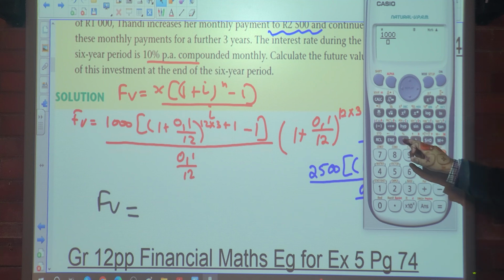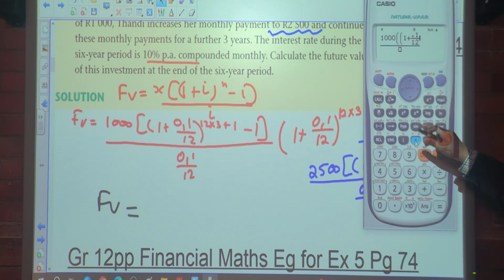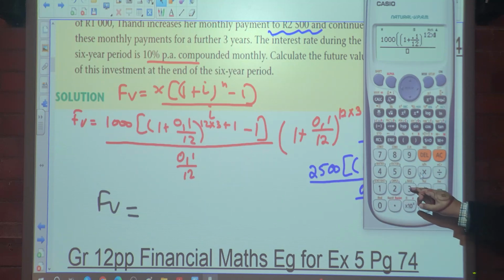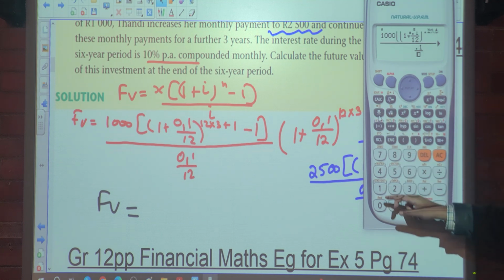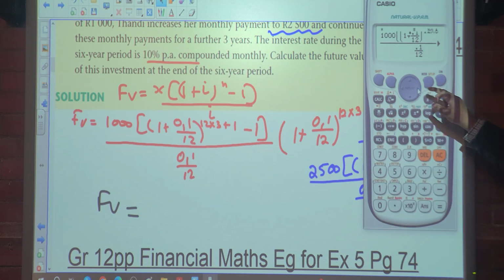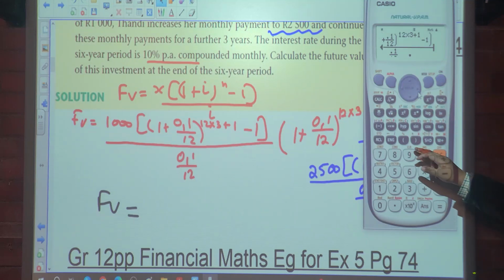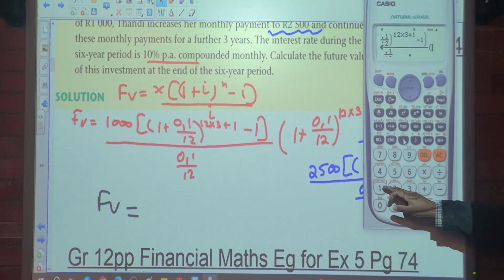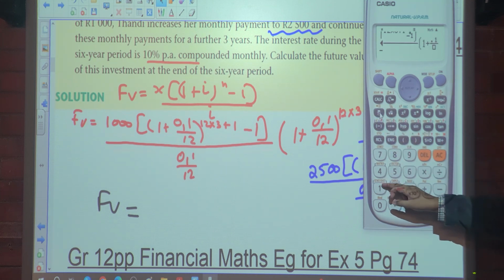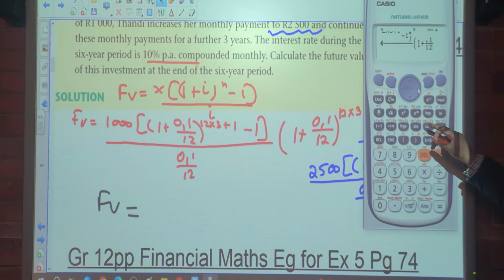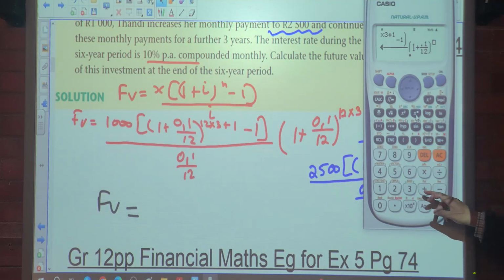1,000 Rand into 1 plus 0.1 over 12 to the exponent 12 times 3 plus 1 minus 1, all over 0.1 over 12. And that answer must be multiplied by, it becomes your P-value for the compound formula, 1 plus 0,1 over 12 to the exponent 36.